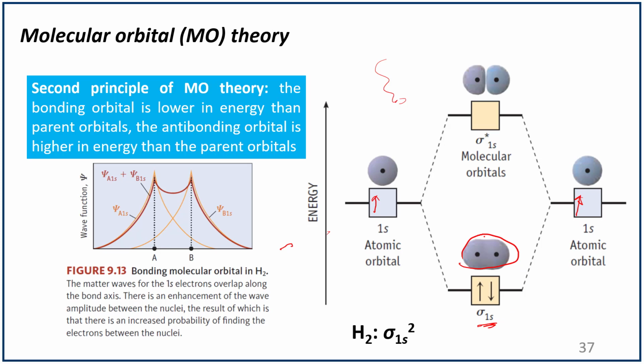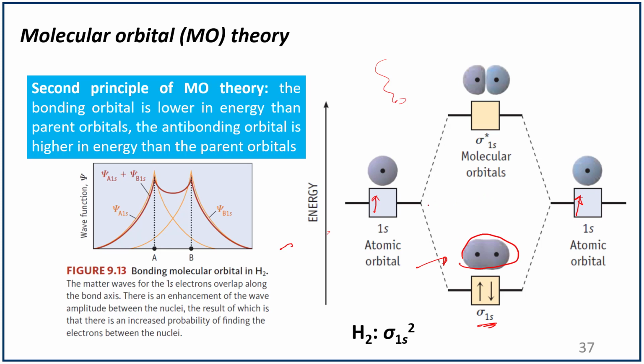Since the y-axis is energy, this bonding molecular orbital is lower in energy, or as you may have remembered when we were discussing energies in passing, this is more stable than the individual atomic orbitals themselves.